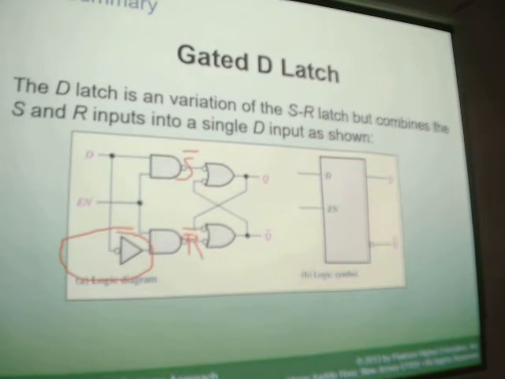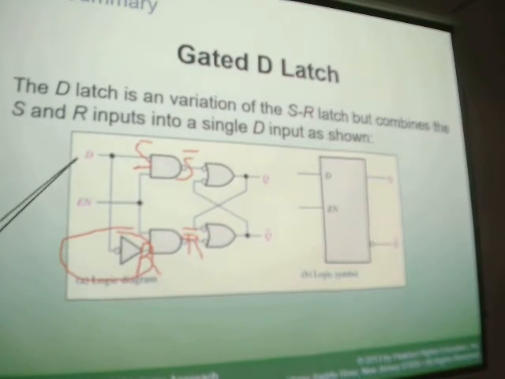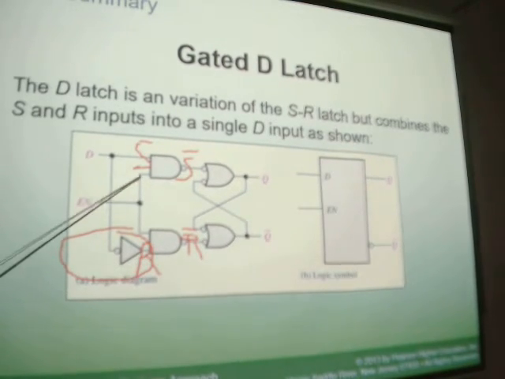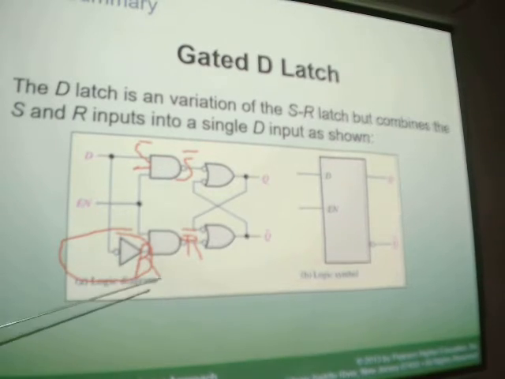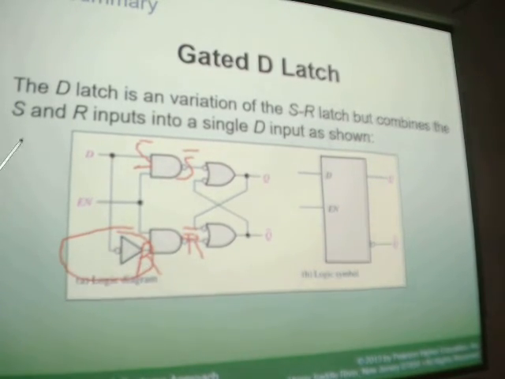S bar, R bar, and the input is S, R. This bar D equals 0 or 1. The values of S and R, all the values of S bar and R bar are outside.